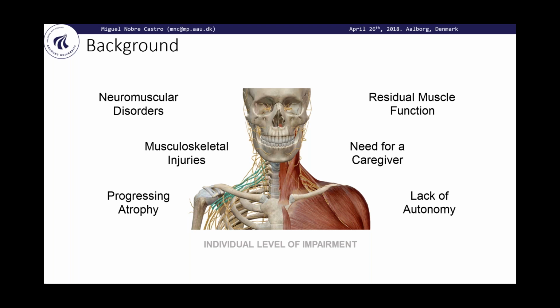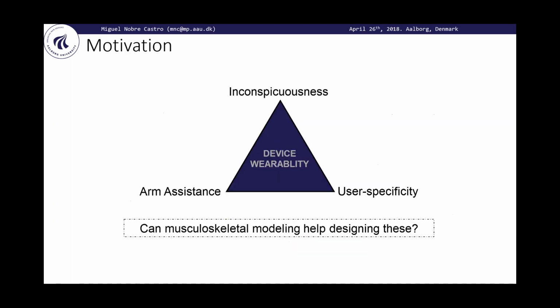And during the process, resorting to musculoskeletal models would be one of the possibilities to help design a better solution that fits a given subject. We must bear in mind that what we want is to make a subject-specific device in the end that fits precisely the needs of that specific user. So we would also like to answer the question of whether we can use musculoskeletal modeling to improve these designs we perform.